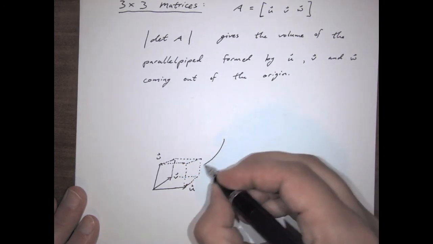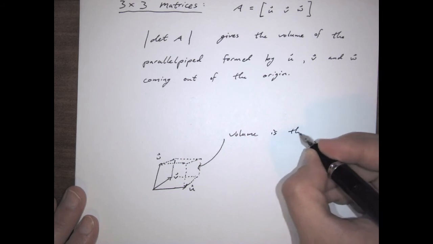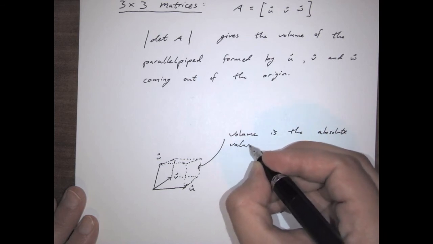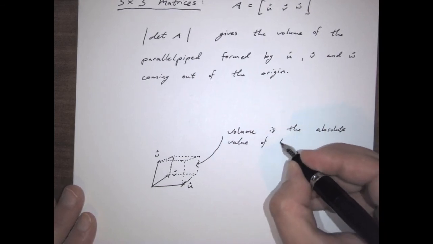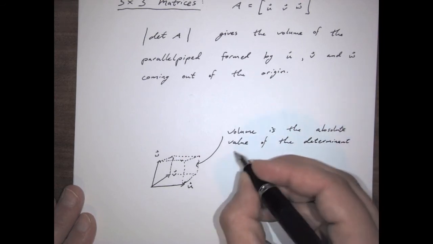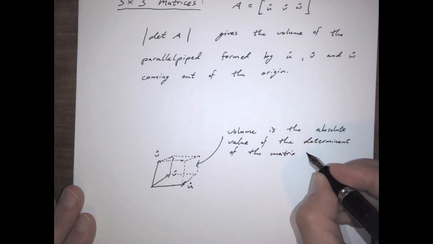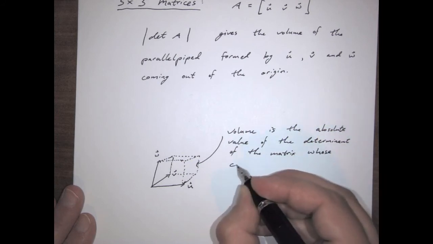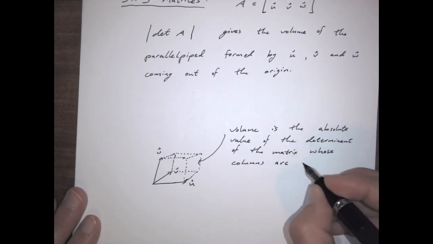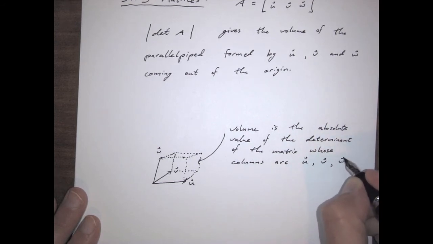So then the volume of this is the absolute value of the determinant of the matrix whose columns are U, V, and W.